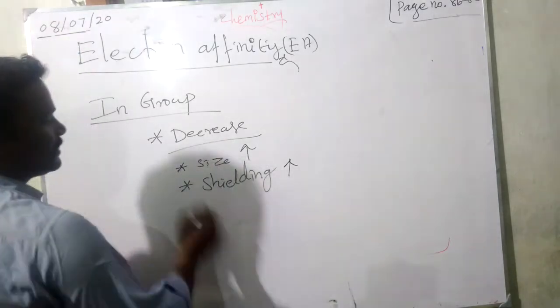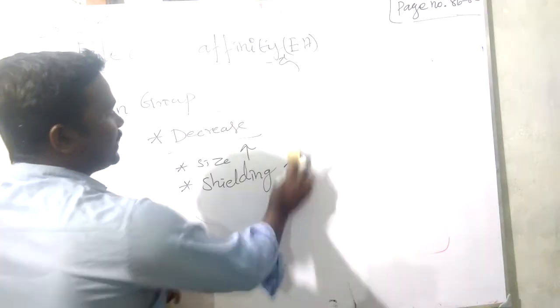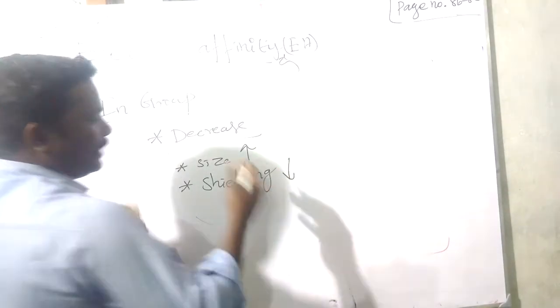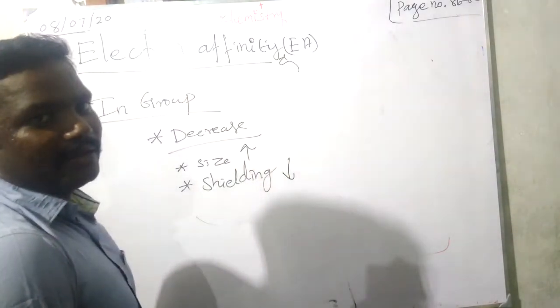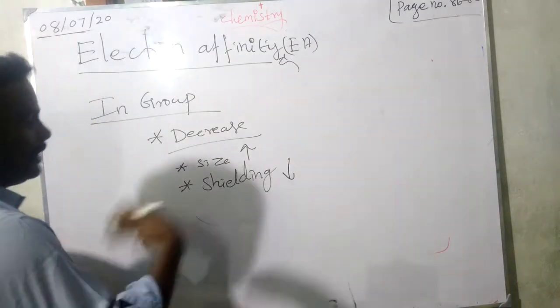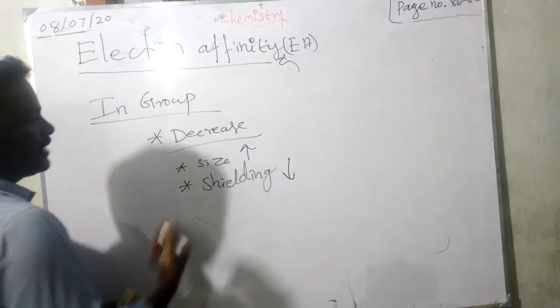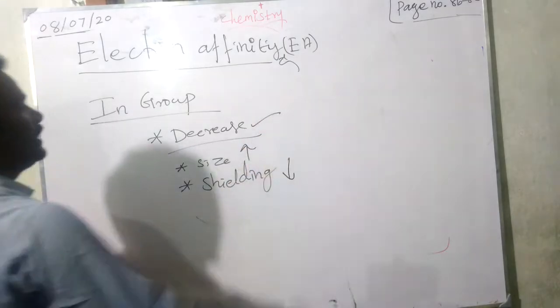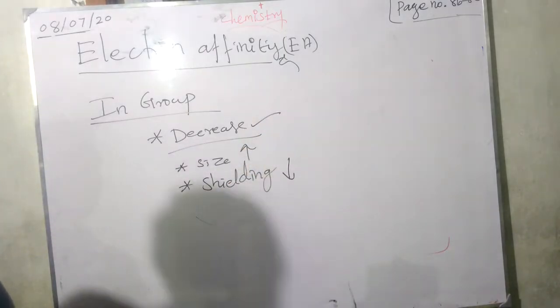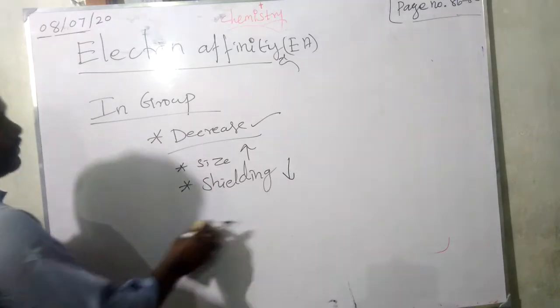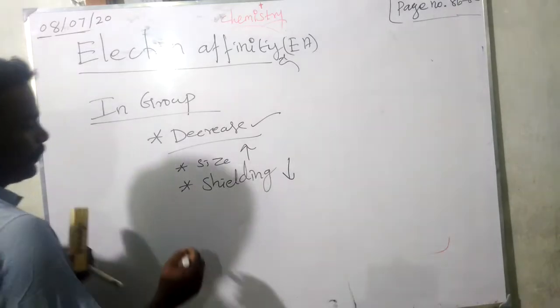Less attraction means the inner shells shield the electron. So because of this reason, electron affinity will decrease. Here we can see some exceptions also.